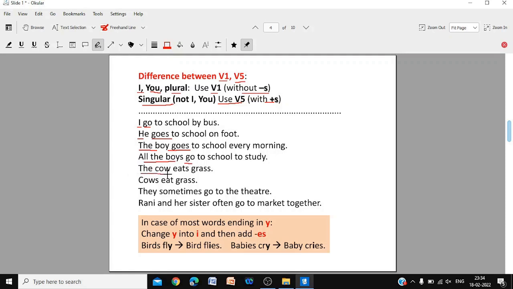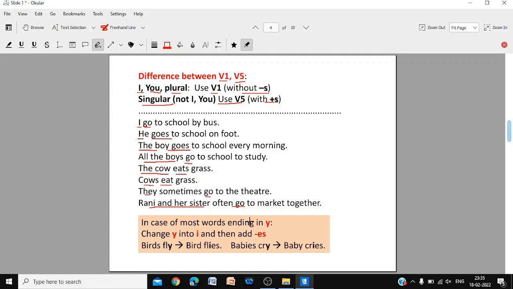The cow, singular, use V5 with S. Cows eat grass. Cows, plural, so use V1 without S. They sometimes go. They, plural, so we use go without S, V1 form. Rani and her sister, 2 children, plural, go. Because it is plural, we are using V1 form without S.